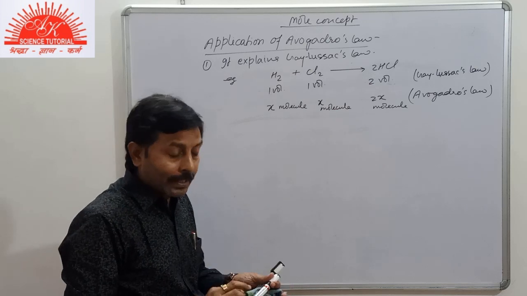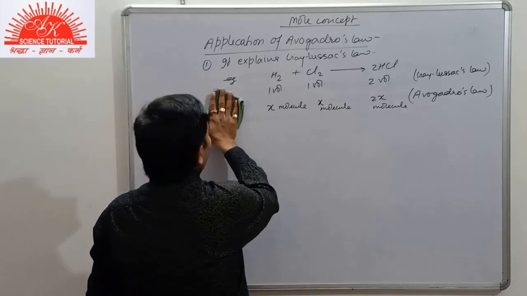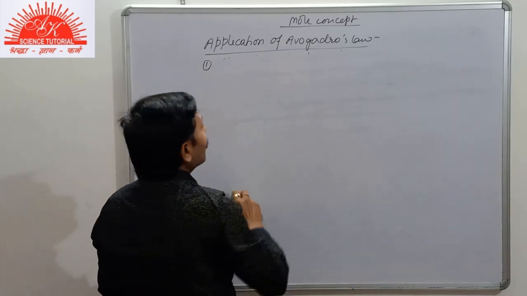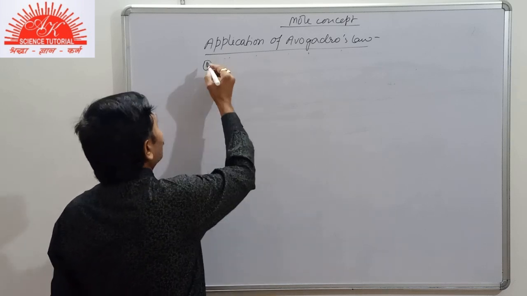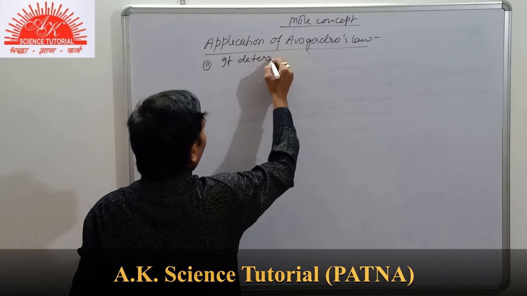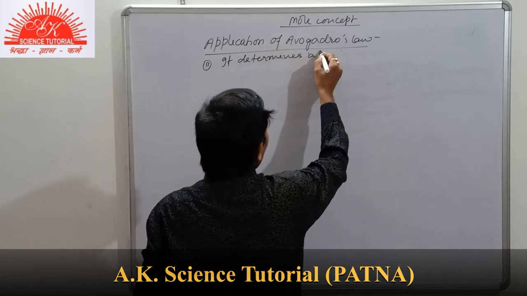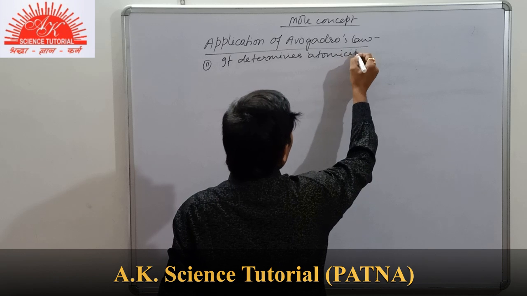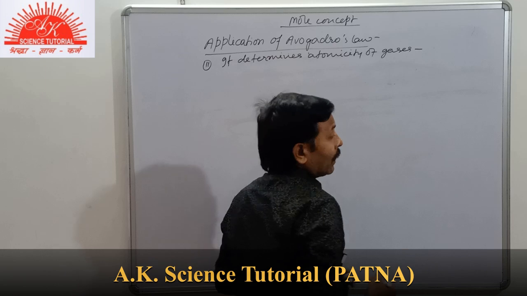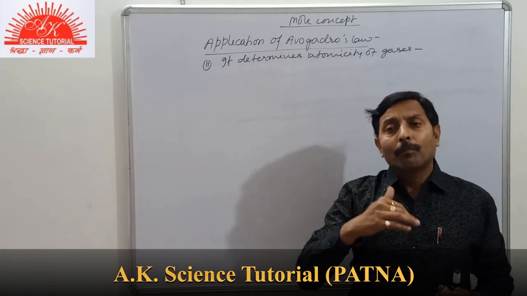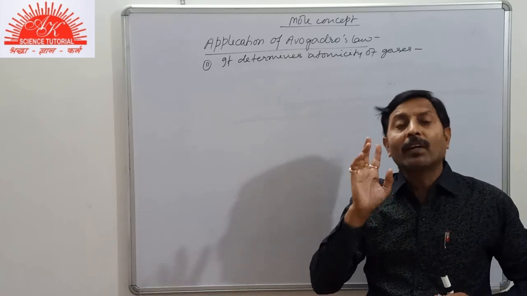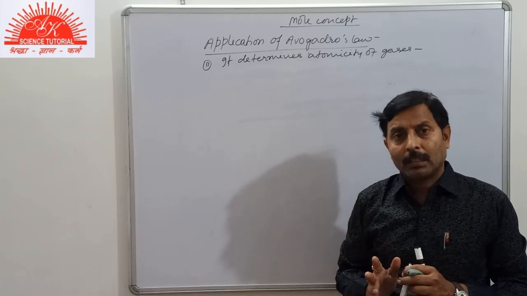Now next, the second application states that it determines atomicity of gases. Now we know that the number of atoms present in one molecule of an element is called atomicity.